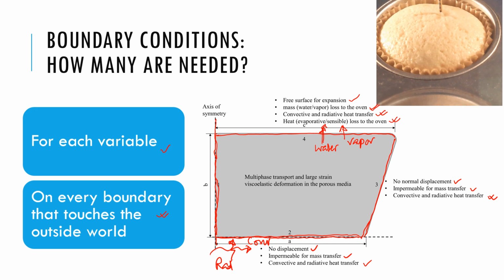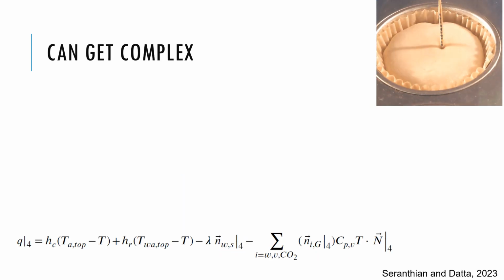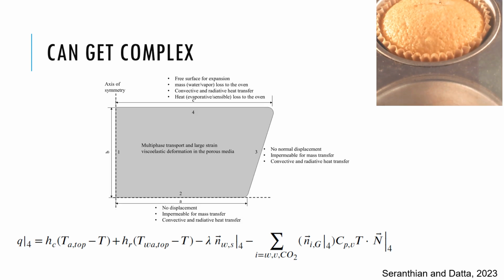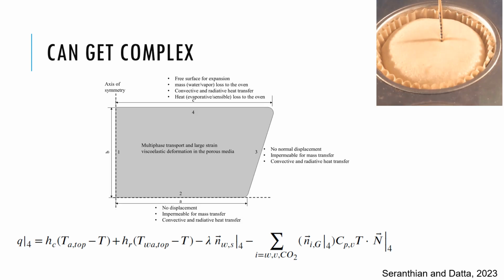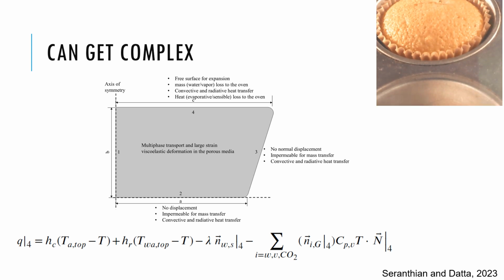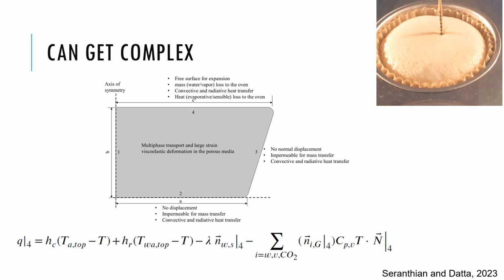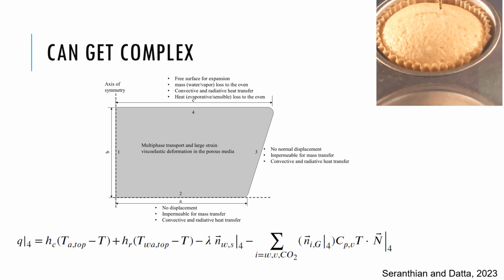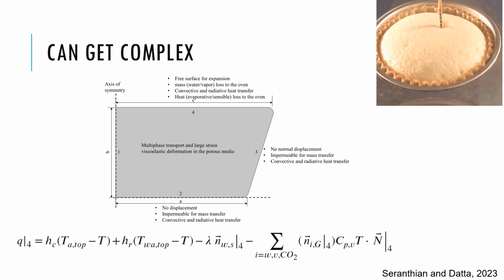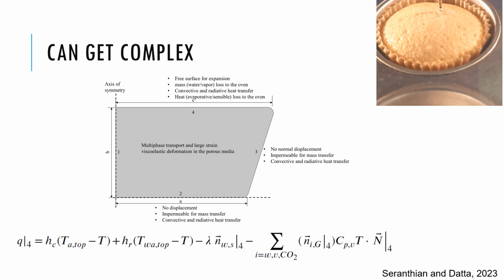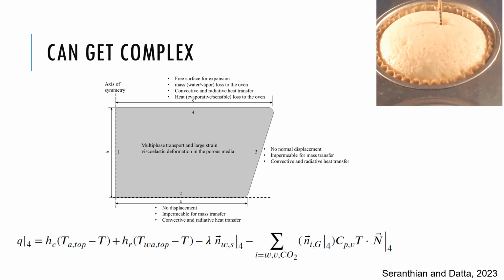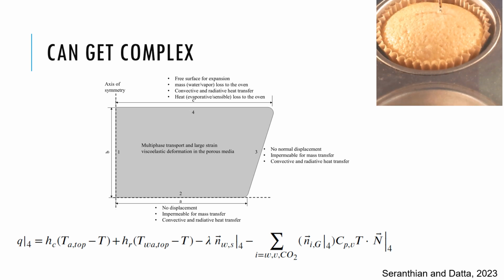So let's look at an example. This cupcake example is a good one to see that the boundary conditions can get quite complex for a complex model like a multi-phase, multi-component, porous media type of model. So this is just for illustration that the simple boundary conditions that I showed, that you have temperature given, flux given, or convection, those seem to be the three possibilities.